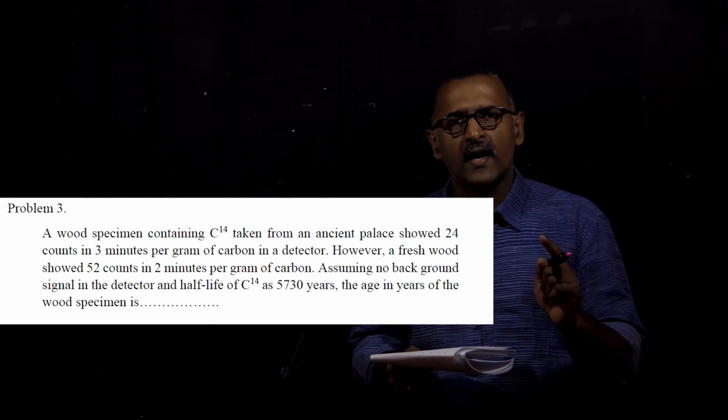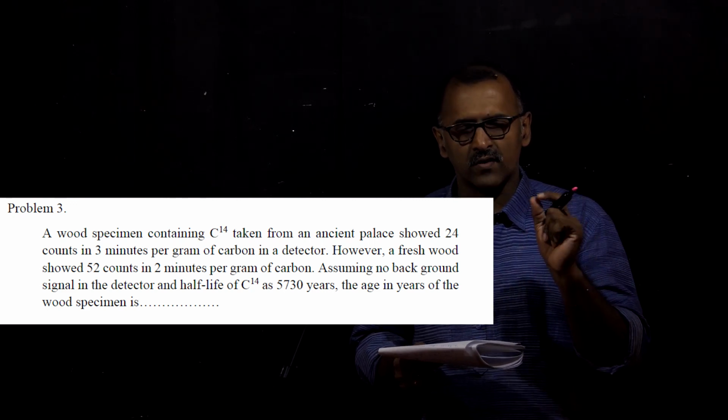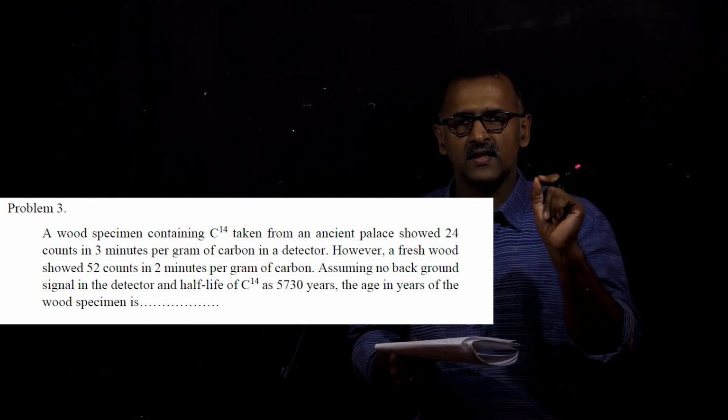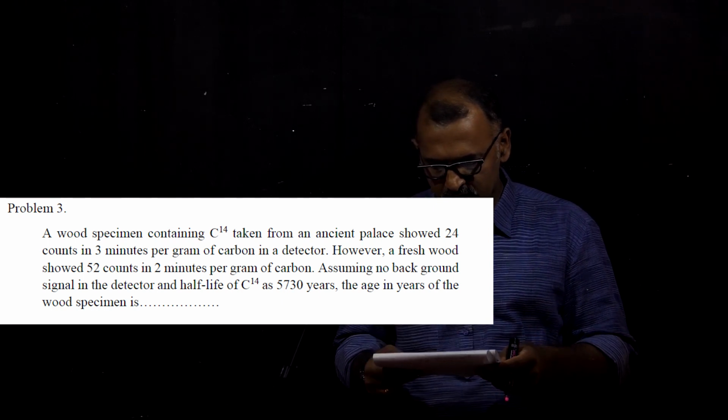And one other thing we have to take into account is that the activity, or sorry, the concentration is related to the counts. So the counts are used instead of concentration. Let us see how to solve this problem.